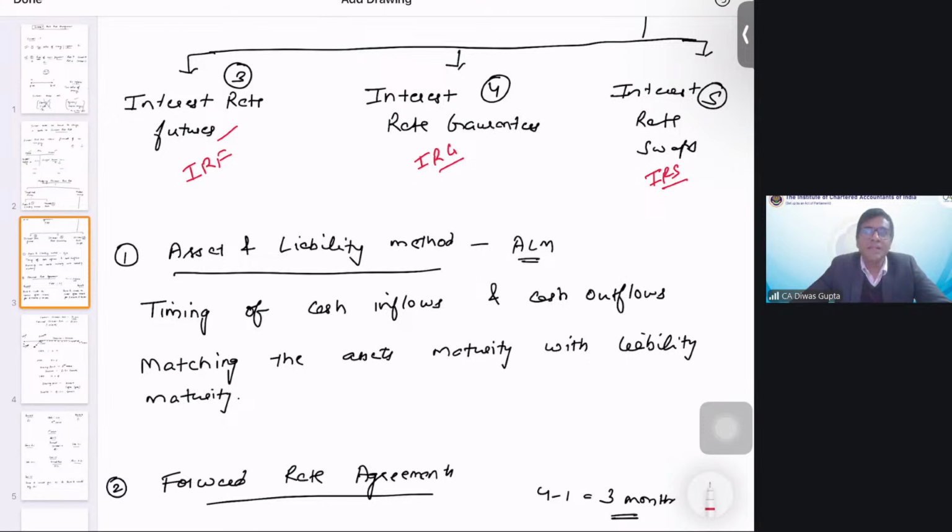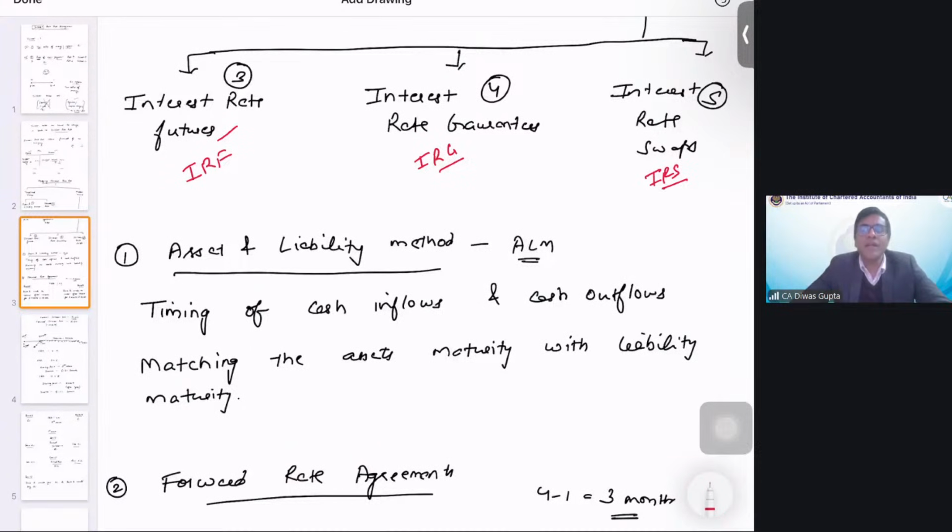Similarly, there can be many other things. For example, in the negotiation itself, there is a 90 days collection period, but the vendor is not agreeing to give you more than 60 days of credit period. So then what will you do? Then again, maybe you will negotiate with the vendors that if you give me a 90 days credit period, so this is going to be the commercial, correct?